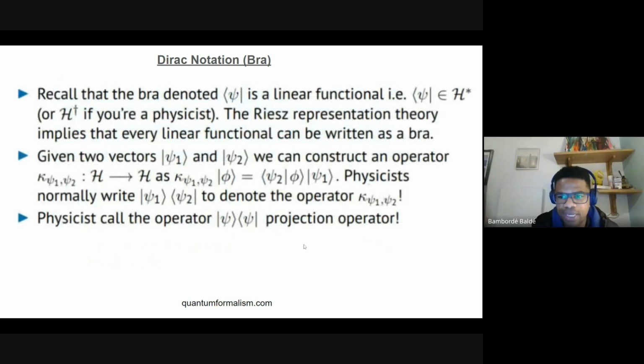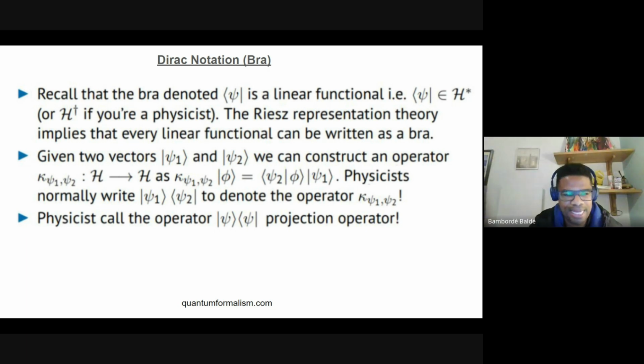Another thing here: mathematicians write star, but physicists normally write dagger. This is nothing to do with Maria, obviously. It's a physicist thing, but just to put it into context.